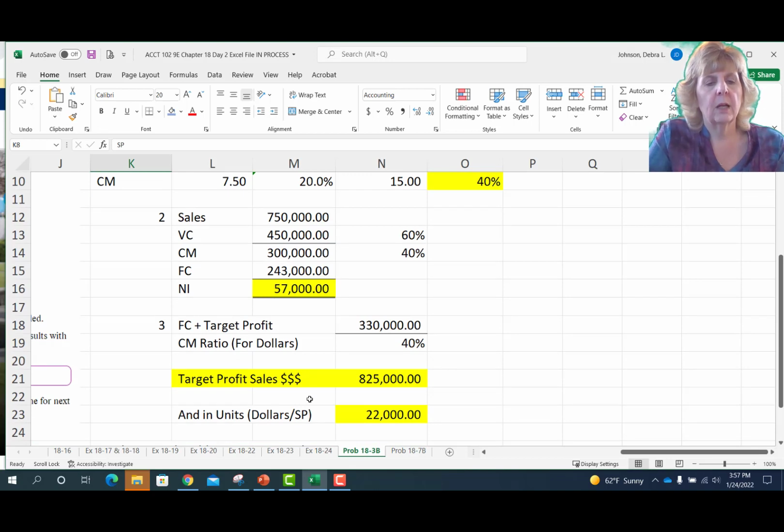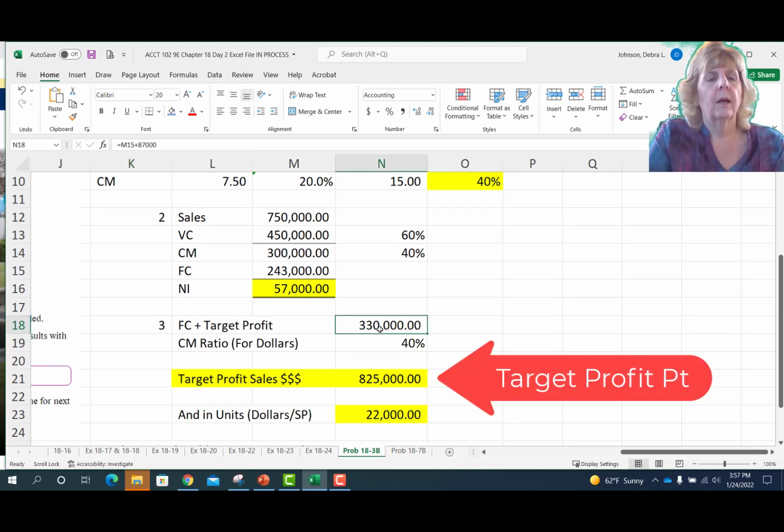They ask you to do a target profit point. And the target profit point here is the combination of the fixed costs and the $87,000 in profit. The numerator results in $330,000. And the contribution margin ratio, the new one of 40%, is on the bottom.